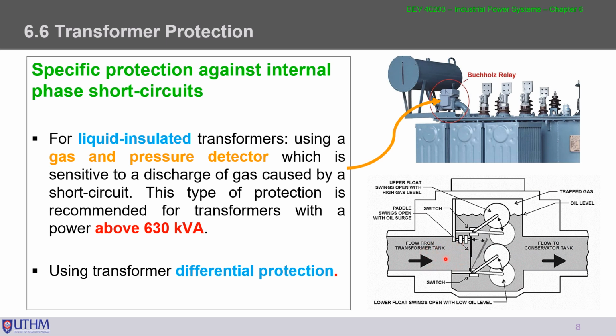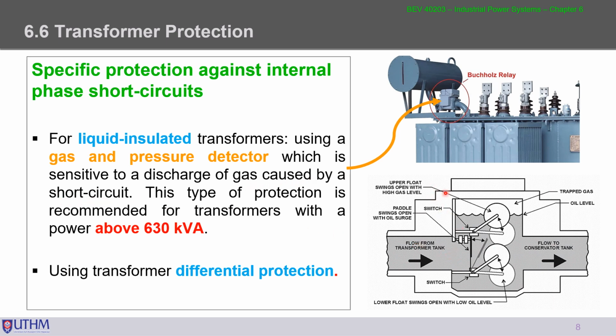This is the flow from the transformer tank, and then the flow to the conservator tank, which is the oil tank here. Here is the Buchholz relay. As the transformer operates, there is some heat inside the dielectric oil, so the heating will produce some gas, or a discharge of gas caused by a short circuit if a fault happens.